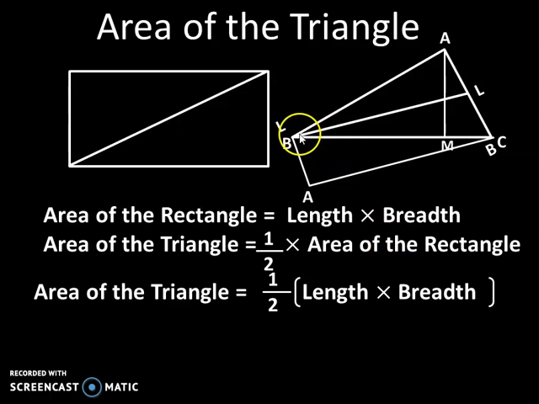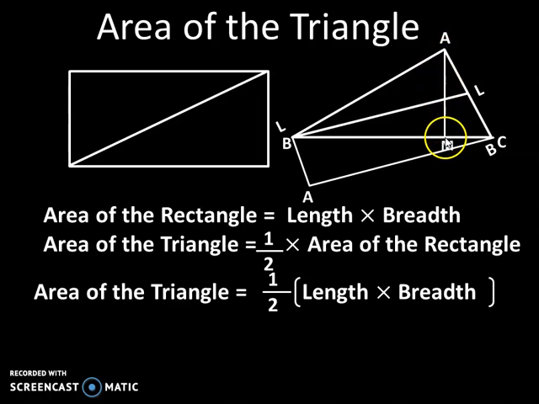Now let's check how we can identify length and breadth in a triangle, because so far we are talking about the rectangle, where we can get length and breadth easily. In a triangle, you have all studied altitude, height and base. You can draw an altitude from any vertex. There are three vertices, so you can draw an altitude from any one.